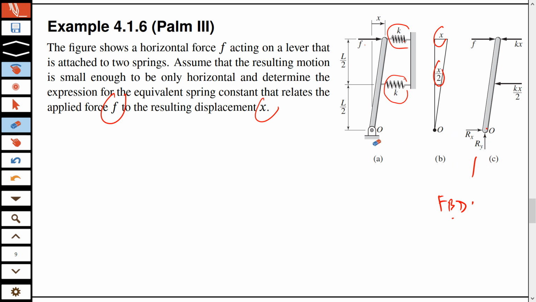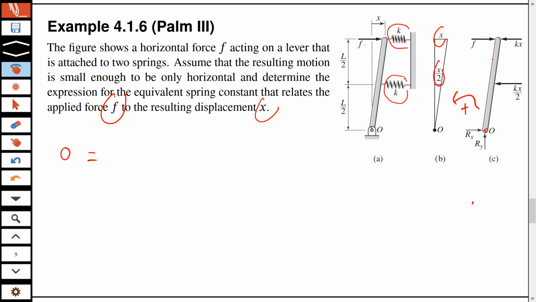Of course this is a support, तो support पे reaction forces तो होंगे x y दोनों डायमेंशन में. We don't want to concern ourselves with that. हमें सिर्फ f पता करना है. तो f के लिए if I now use the convention, let's say that anti-clockwise torque will be positive. About O, I can now write the moment equation.